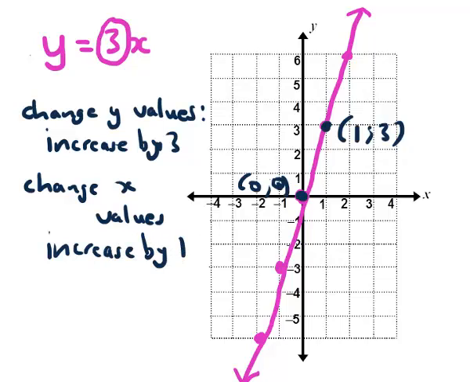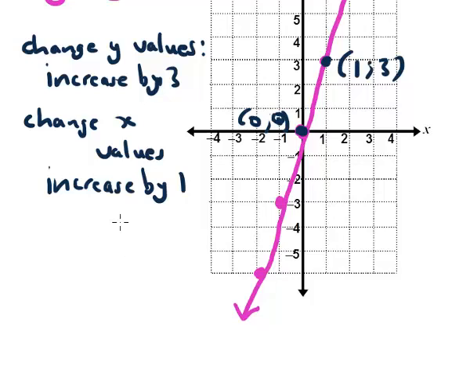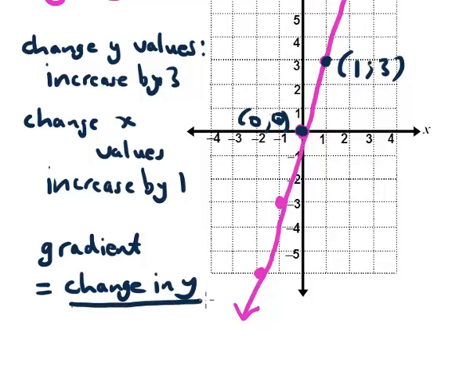Now if you look at the definition of gradients, it talks about the gradient of the line. The gradient is simply the change in the y values divided by the change in the x values. Now on this one, what were the changes in the y? The changes went from 0 all the way to 3, so we increased by 3.